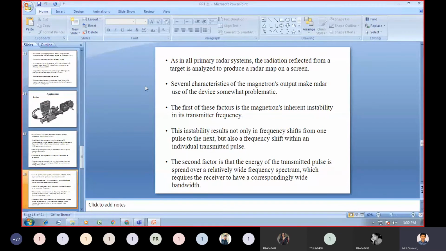This instability results not only in frequency shifts from one pulse to the next, but also a frequency shift within an individual transmitted pulse.